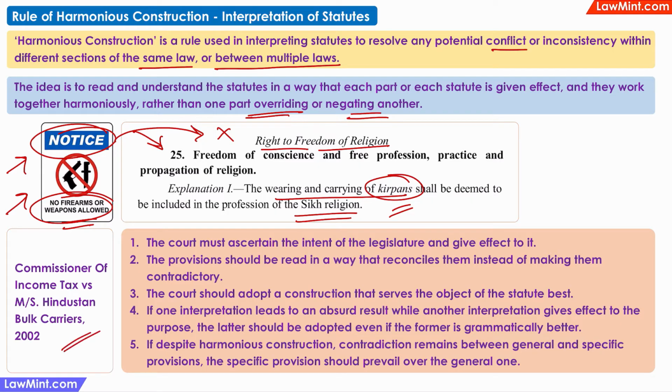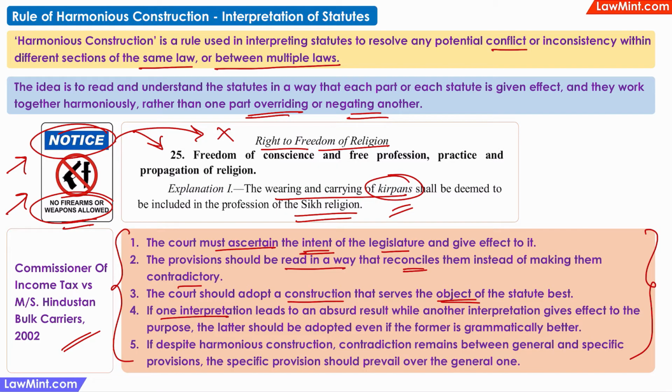In the Commissioner of Income Tax versus Hindustan Bulk Carriers case, the court also laid down the guidelines for using the rule of harmonious construction. First, the court must ascertain the intent of the legislature and give effect to it. The provisions should be read and interpreted in such a way that it reconciles them instead of making them contradictory. Similar to the first guideline, the court should adopt a construction that best serves the object of the statute.